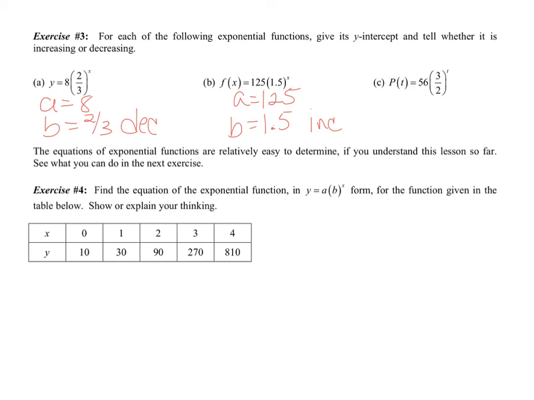C, my a is 56, and my b, my base or my multiplier, if I did 3 divided by 2 in a calculator, you would see that it is greater than 1. So 3 over 2, I know it is written as a fraction, but 2 over 2 is 1 whole, so 3 over 2 is greater than 1, and therefore I am increasing.